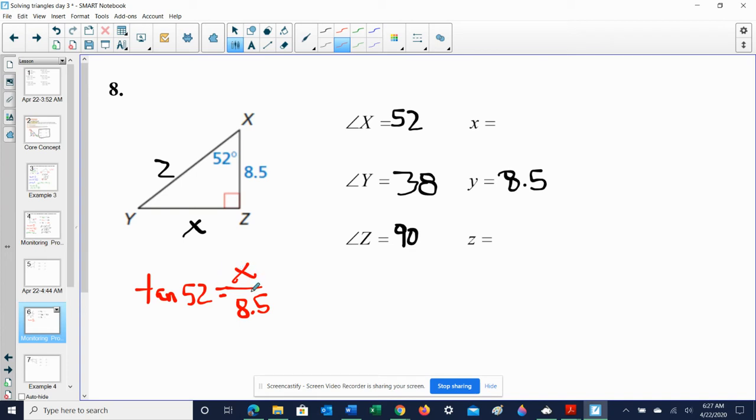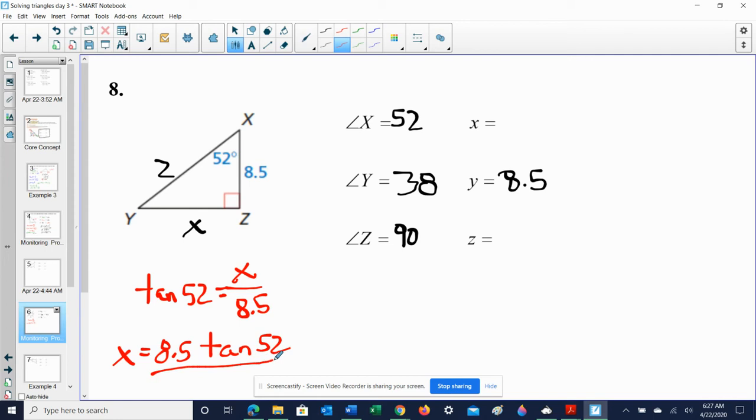When this x is in the numerator, we multiply. It's why we did all that other stuff leading up to this. So what does x equal? X equals 8.5 times the tangent of 52.